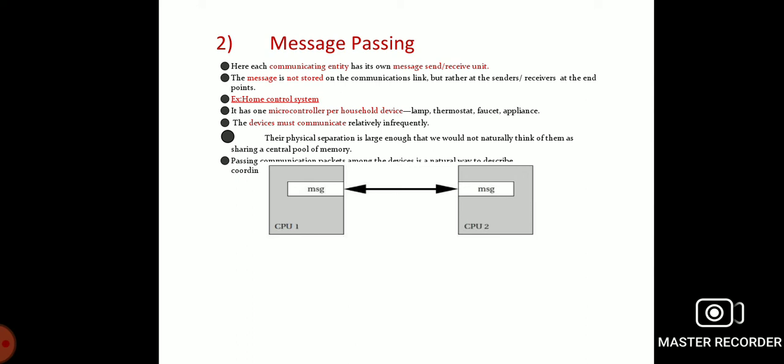The devices must communicate relatively infrequently. Their physical separation is large, so we would not naturally think of them as a central pool of memory. So passing communication packets among the devices is a natural way to describe the coordination of shared memory communication from CPU to CPU.